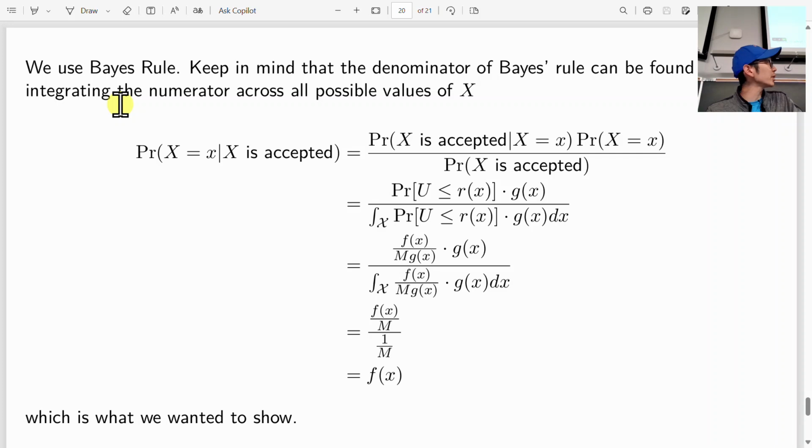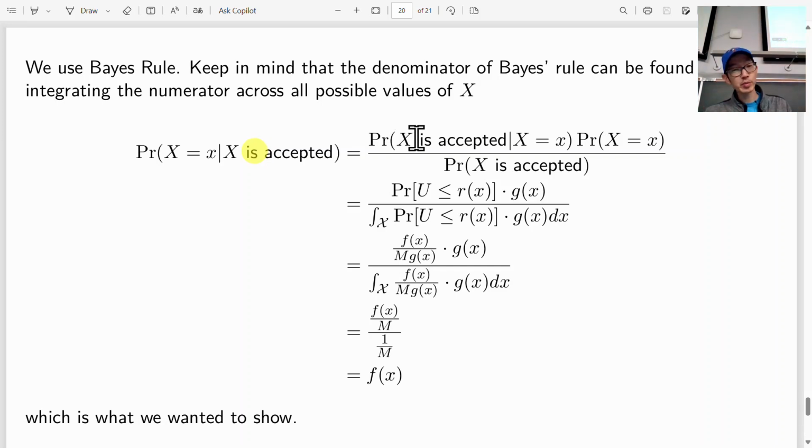So we're going to use Bayes' rule, right? With Bayes' rule, we're going to say the probability of A given B is equal to the probability of B given A times the probability of A divided by the probability of B. So what we want is the probability of getting X, if X is accepted.